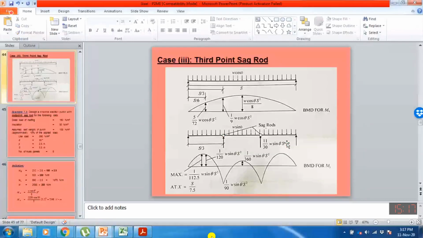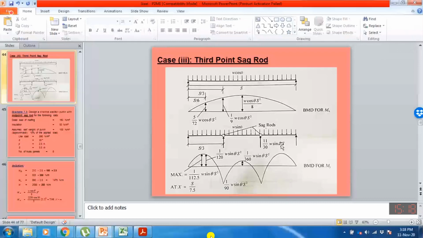So what is the maximum bending moment? The maximum bending moment will be omega s sine theta square over 90. So omega y will be this one. And 11 by 30 W s sine theta is the force in the sag rod. So this is how we will compute mx and my depending upon the number of sag rods.